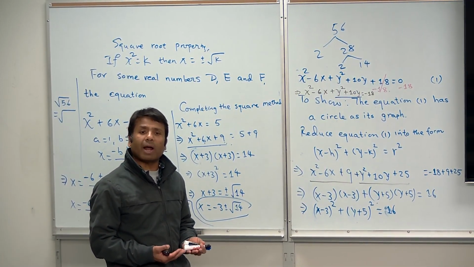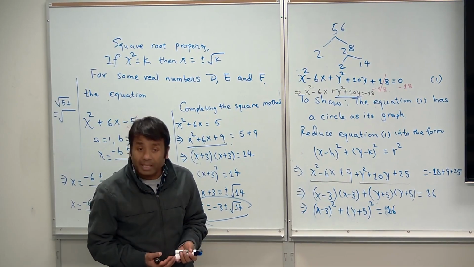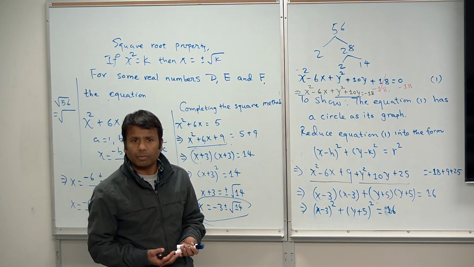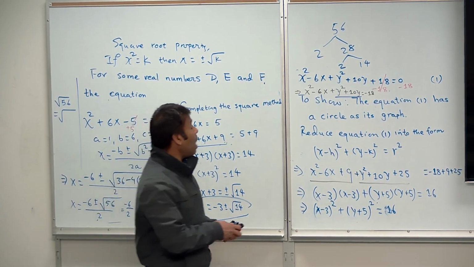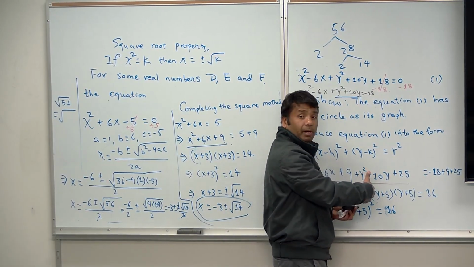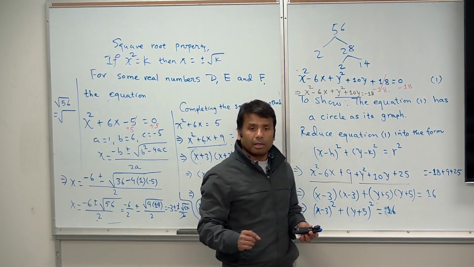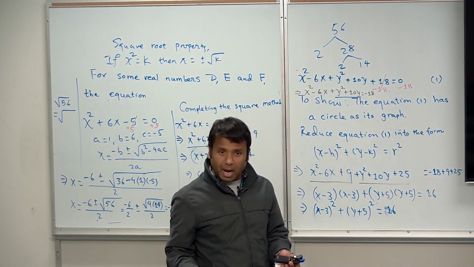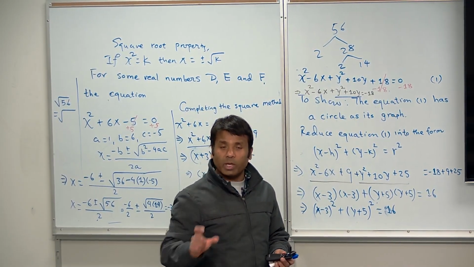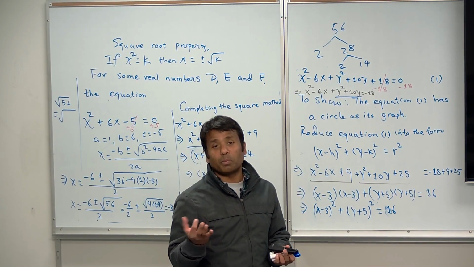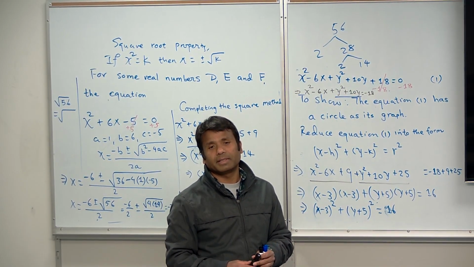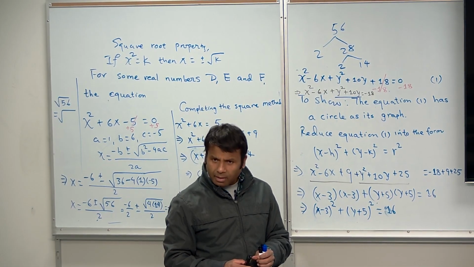So that means the graph is non-existent. You see what I'm talking? Now, let's say you got r square equal to 0 here. So that means radius is 0, is that right? The circle with radius 0 is a point. Did you see what I mean?